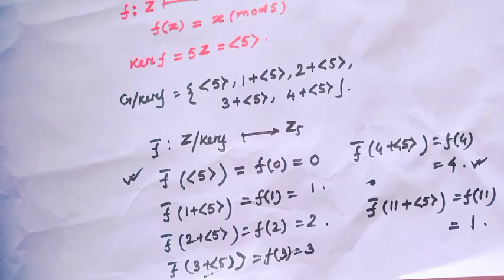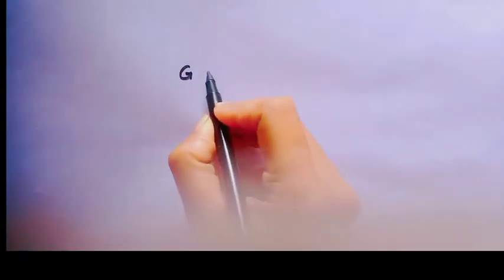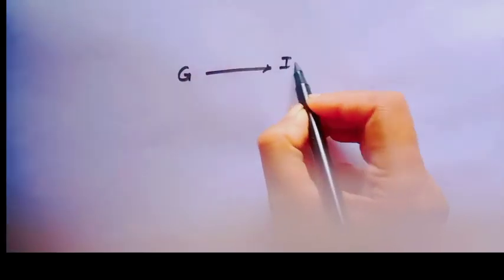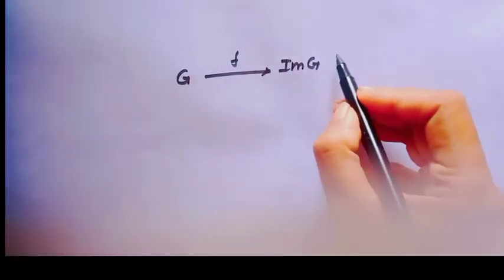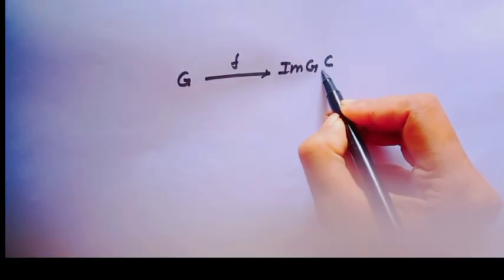Are you getting it? And the diagram is: there exists a homomorphism from G to the image of G, and this mapping is denoted as f, and the image of G is a subset of G prime.